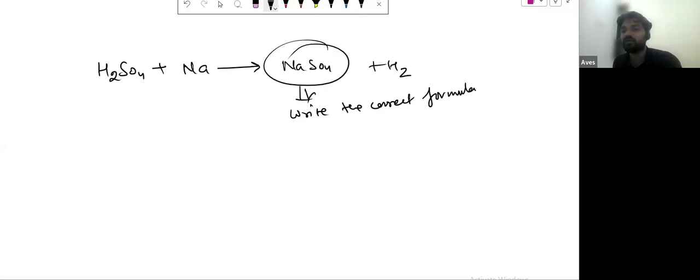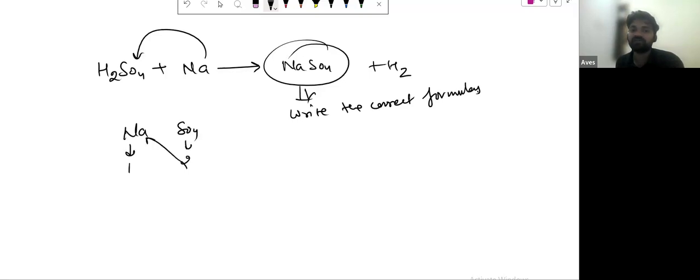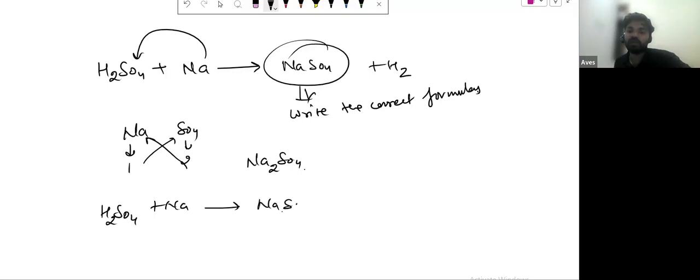Na2SO4. Don't merge it with this one. The correct formula: the valency of sodium is 1, SO4 is 2. When you cross multiply these two, you will get Na2SO4. Understood? The correct formula is H2SO4 plus sodium gives you Na2SO4 plus hydrogen gas.